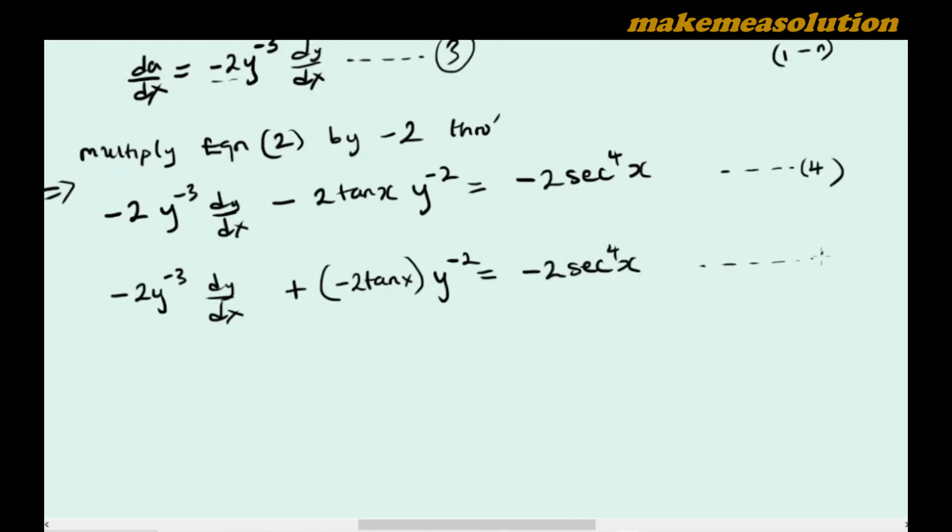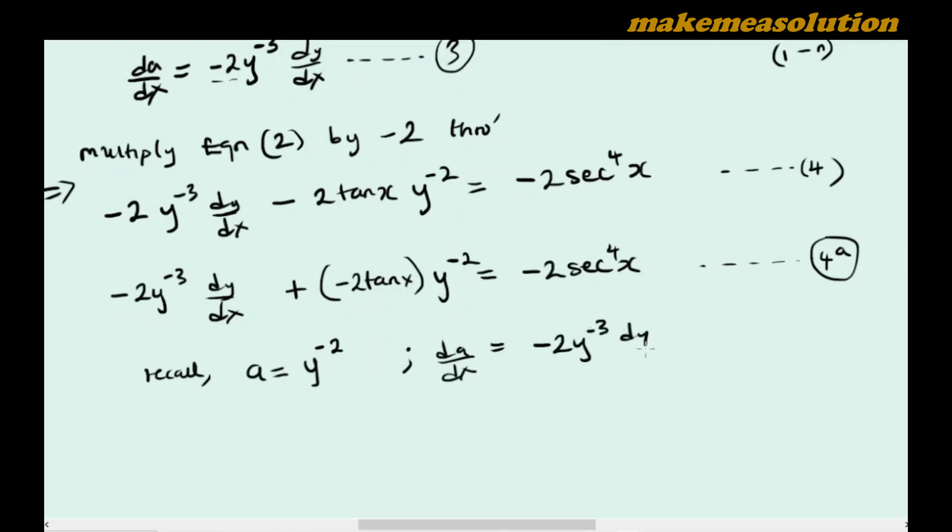So this is 4a. Now recall that a is equal to what? y to the power of minus 2, and our dA dx from equation 3 is minus 2y to the minus 3 dy dx. So some terms in this equation 4a can be replaced, such as this one. For example, this one will be replaced with dA dx, while this one will be replaced with a.